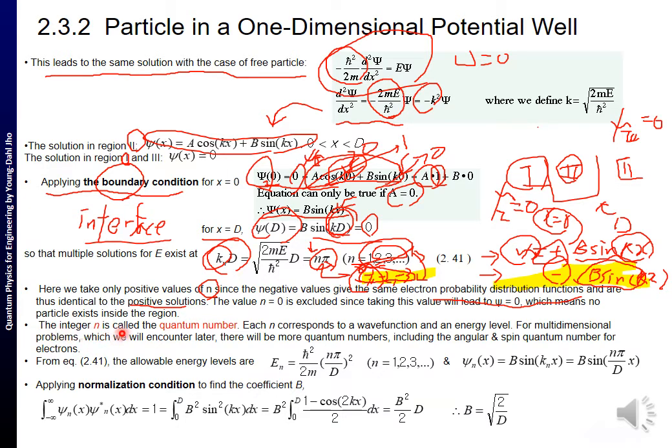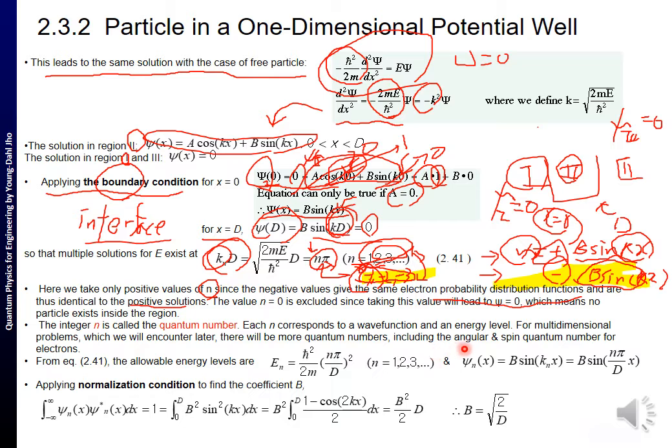The integer n is called the quantum number, where each n corresponds to a wave function and an energy level. For multidimensional problems which we will encounter later, there will be more quantum numbers: quantum numbers along the x-axis, y-axis, z-axis.